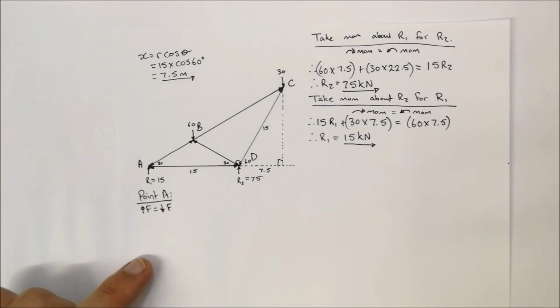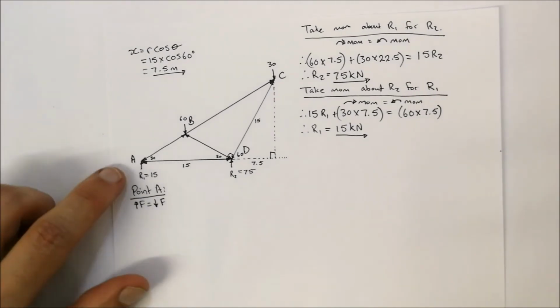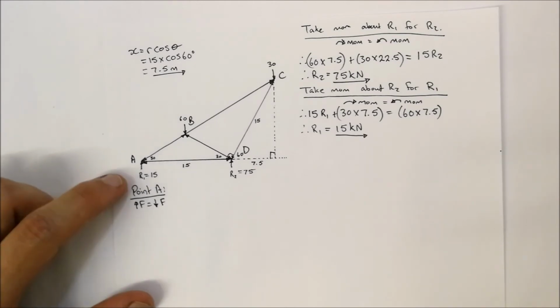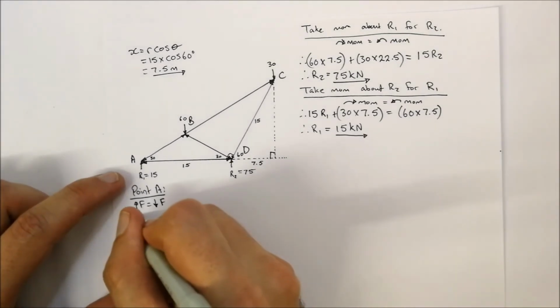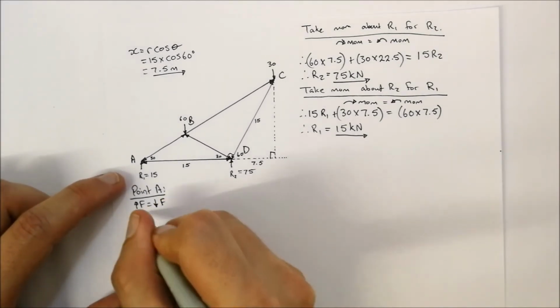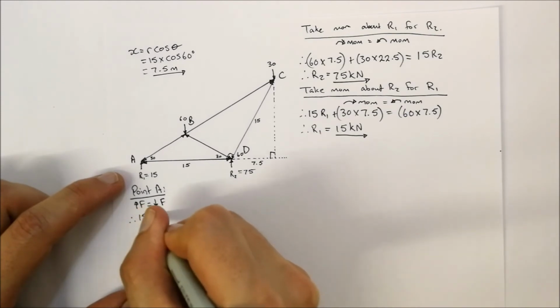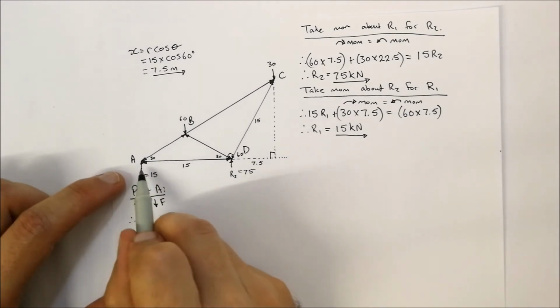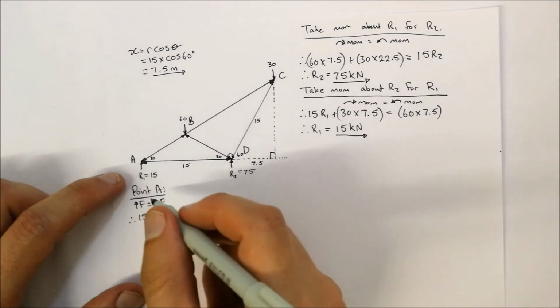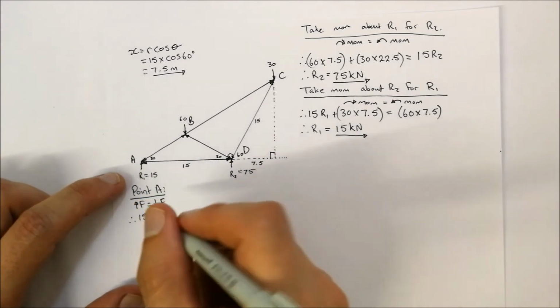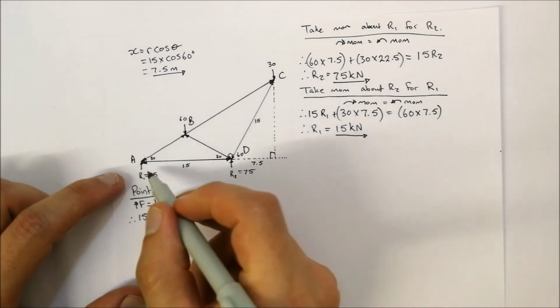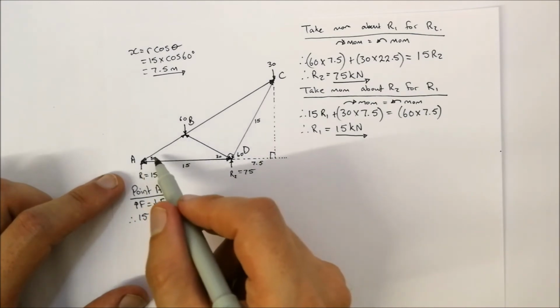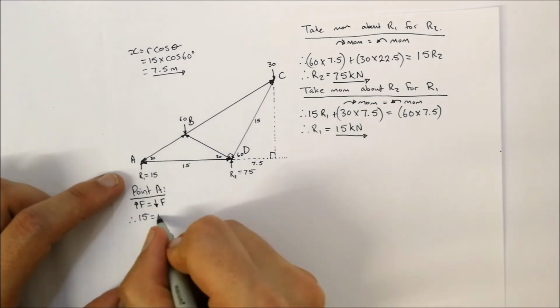If we look at point A, upward force is going to be R1. So we can say, therefore, R1 is 15. Is any other forces acting upwards? No, we can't see any other going upwards. And that's equal to, what's the downward force? Well, that will be AB sine of 30 degrees.